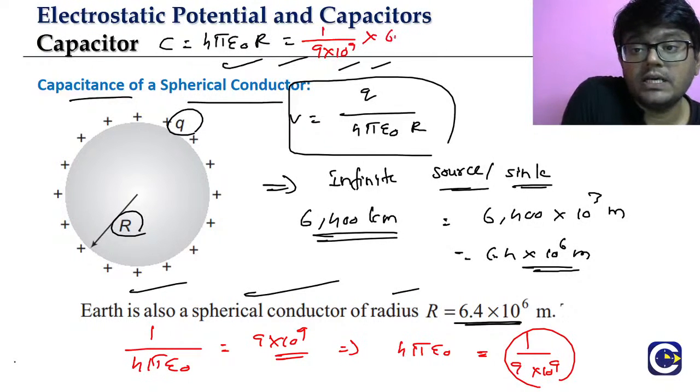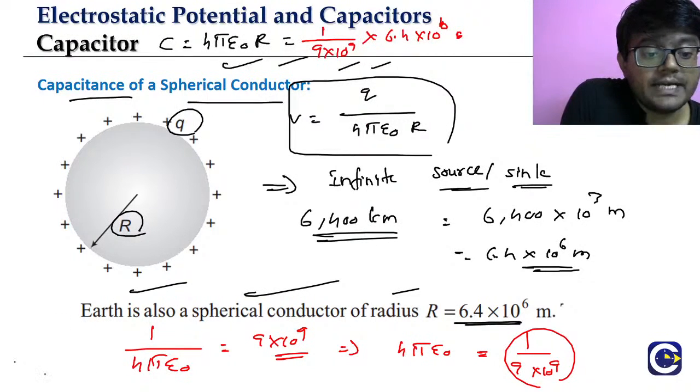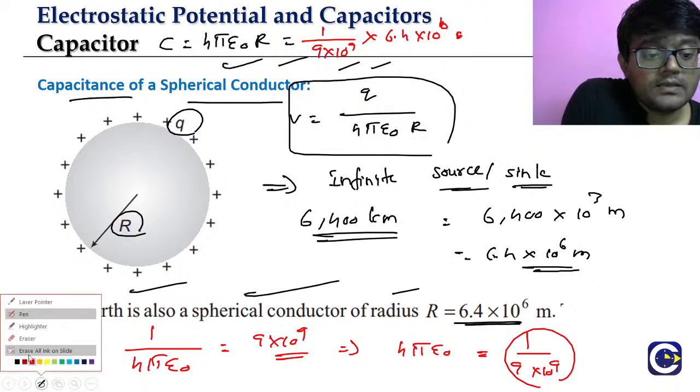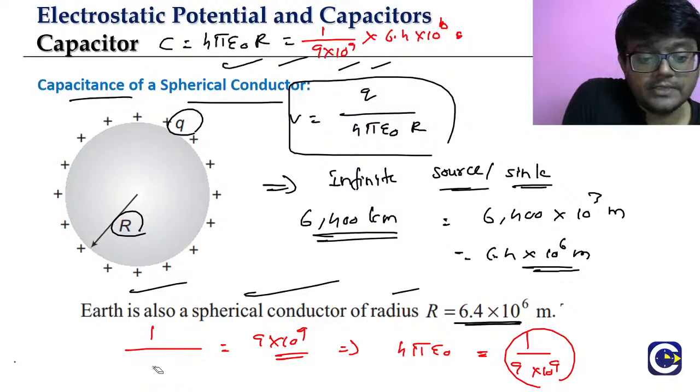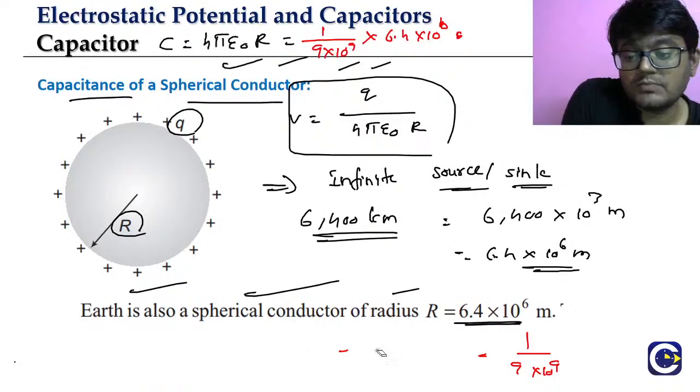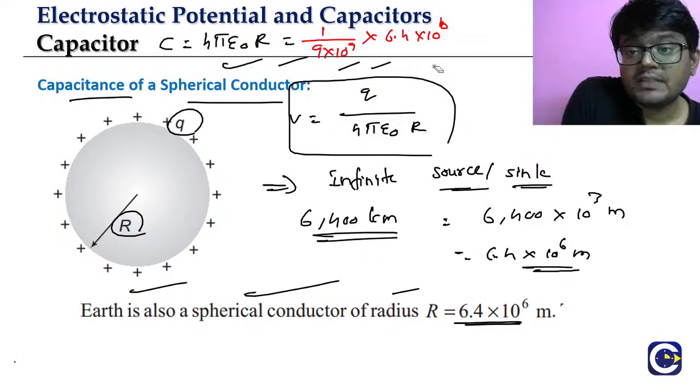what is the radius? It is 6.4 into 10 power 6. Both are in SI units. If you simplify, you will see the value will be very small.